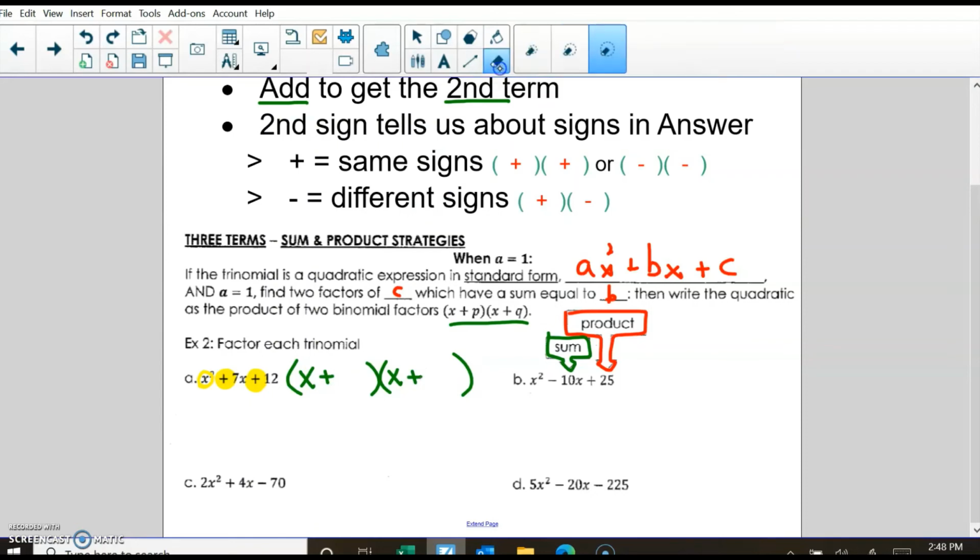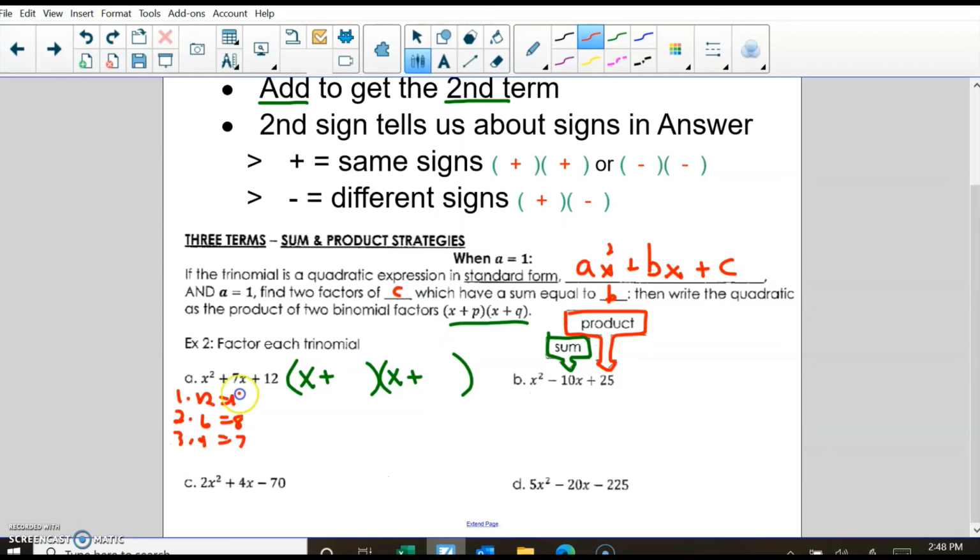And so now, we just have to look at the numbers. What are some factors of 12? We got 1 times 12, 2 times 6, 3 times 4. And one of these is going to add up to be 7. So 3 plus 4 is 7. This is 8, and this is 13.